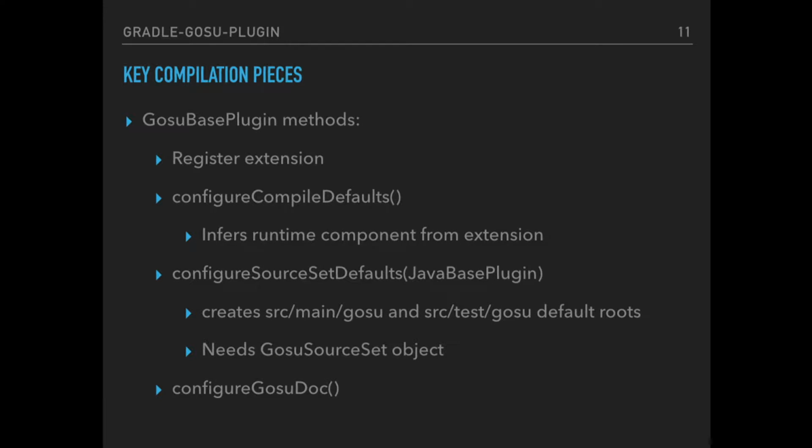There's a step where it infers the runtime component based on your base library, and I'll talk about that on the next slide. And finally, setting the source directory defaults. Like if you have a Scala project, it's going to be src/main/scala, src/test/scala. Well, we do the same thing: src/main/gosu, src/test/gosu. And finally, there's a Gosu doc task, which I won't go into today because documentation is no fun.